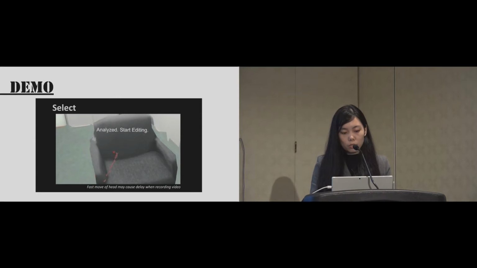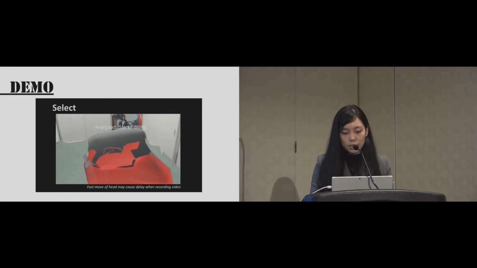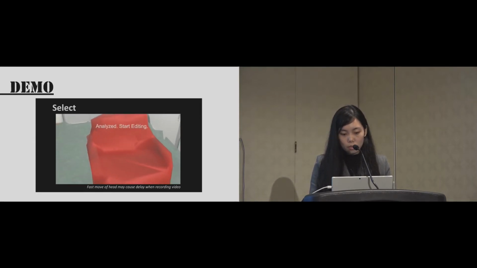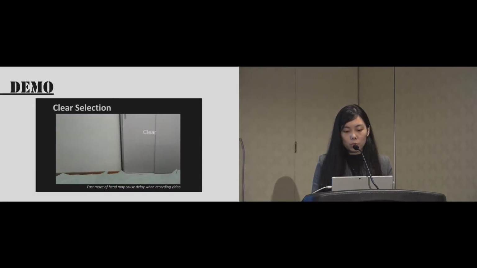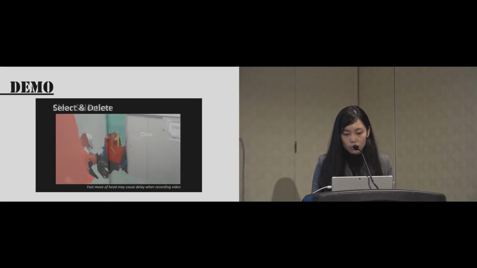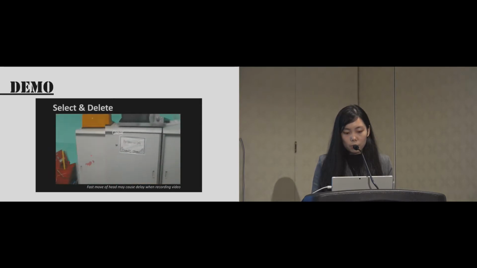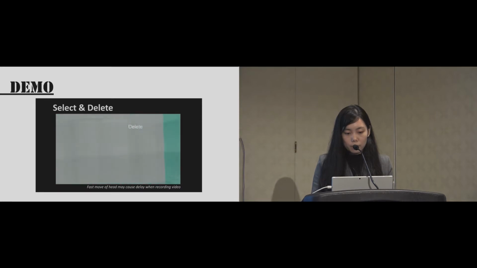And then we could use a hand to draw lines to select the sofa. You can see the sofa consists of two parts, but we could draw one line to select it. And then we could select multiple objects and delete them. It is actually covered by the walls.